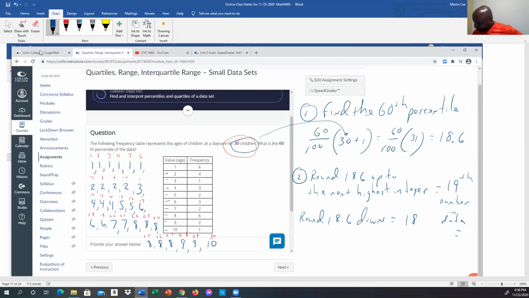Well, the 19th number is the number 6 that we just circled. Okay, and this 18 really means the 18th number in the data set. And the 18th number is 6.